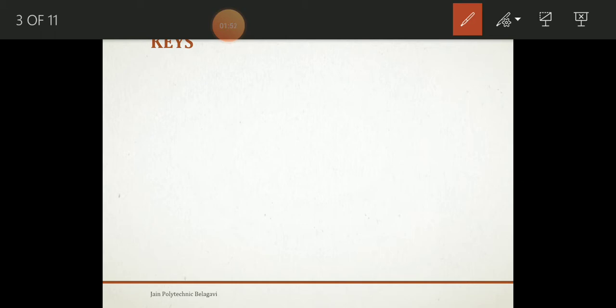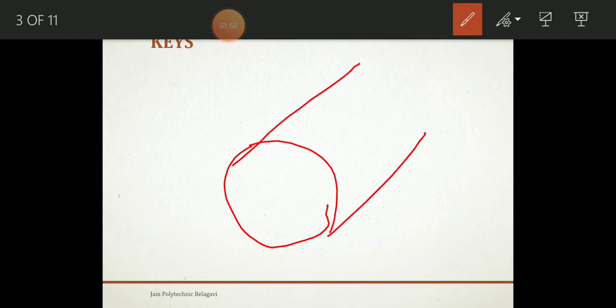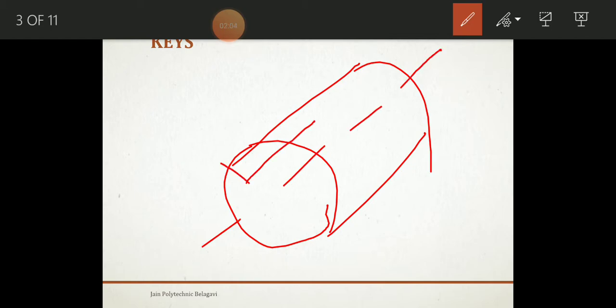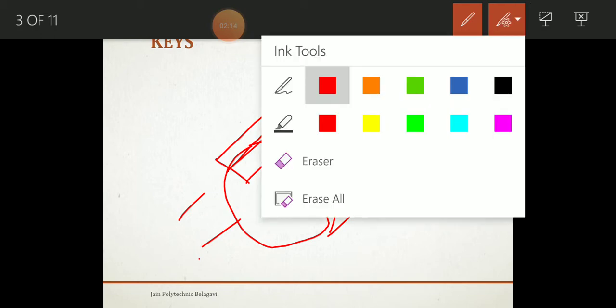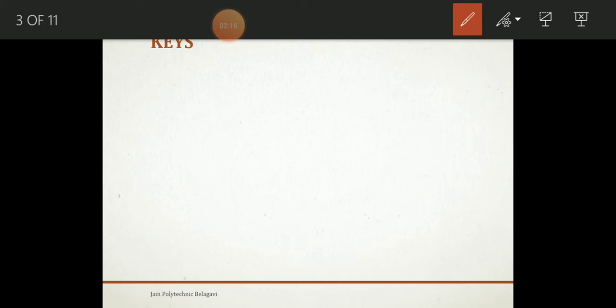What does that mean? Suppose this is the shaft, and this is the axis of the shaft. It is always inserted like this, parallel to the axis of the shaft. This is the axis of the key, this is the axis of the shaft, and both are parallel.